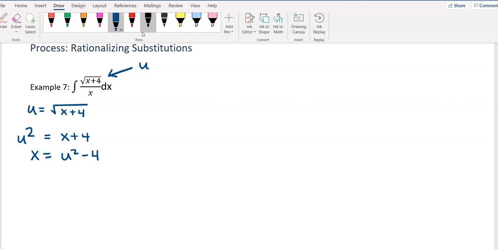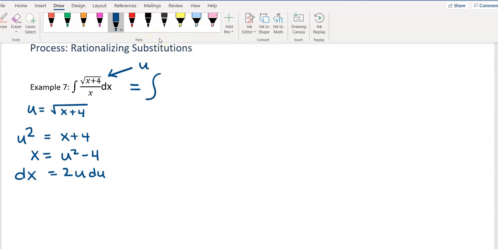And so we'll use these pieces to help us replace our integral. We will also need to change this dx in terms of du. So go ahead and take the derivative of x. So the derivative of x is dx. The derivative of u squared minus 4 is 2u du. And since we have all of our pieces now, we can go ahead and try to rewrite this integral.